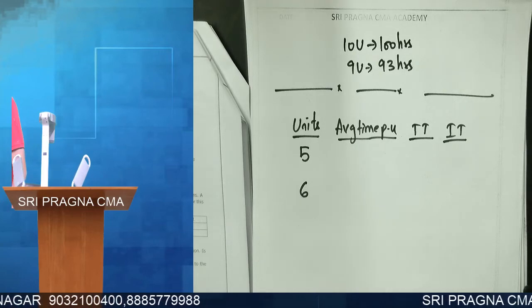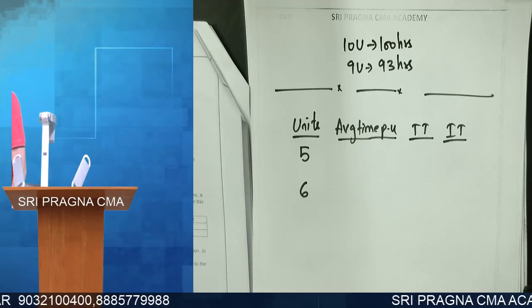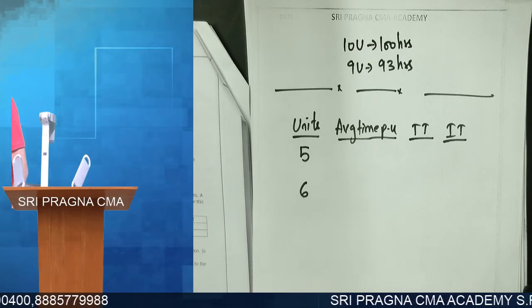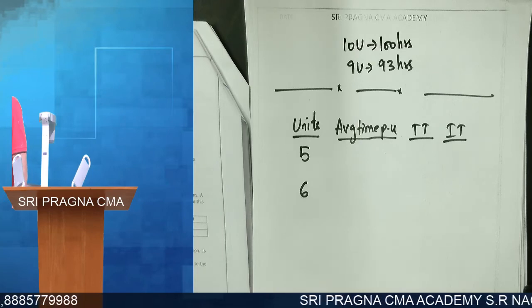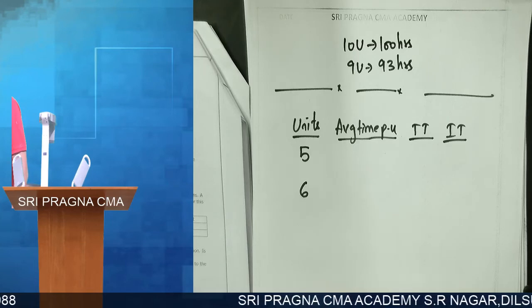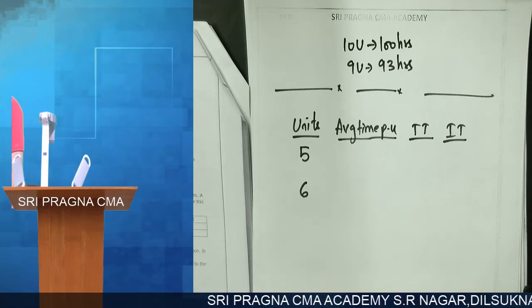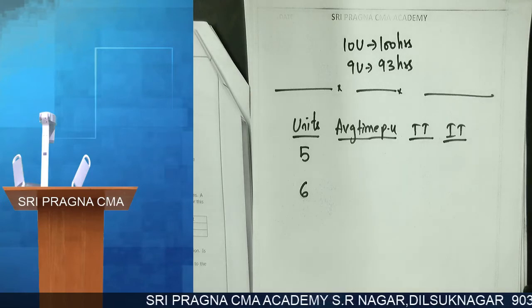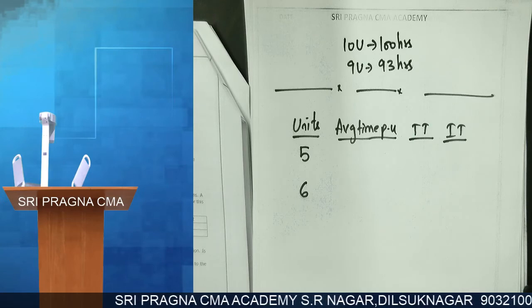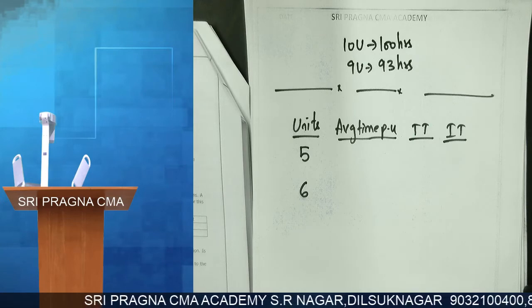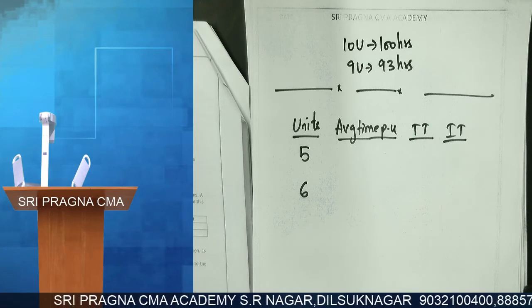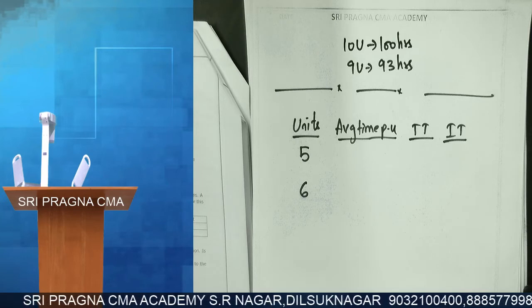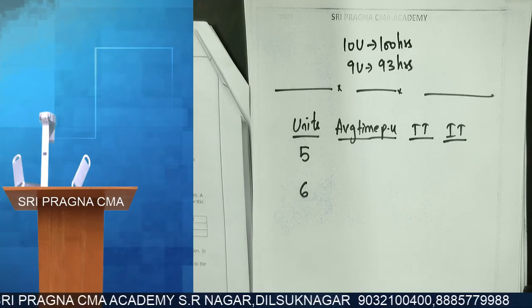Guys, my job is to show you the path. I am there for any doubts, but if you do it on your own you will get practice. It will take me 2 minutes to complete this problem, but you try. I hope the concept is clear. So underline sixth unit and write: it means time taken for 6 units minus time taken for 5 units.